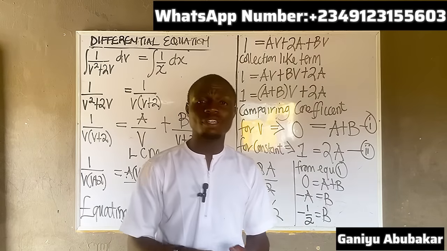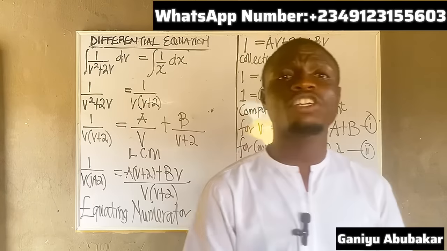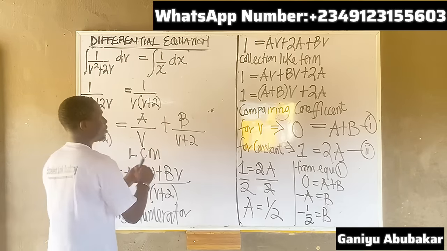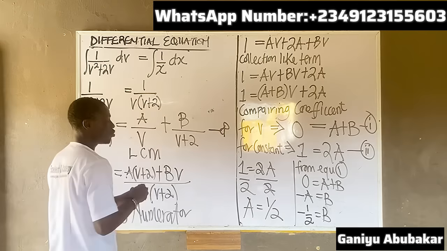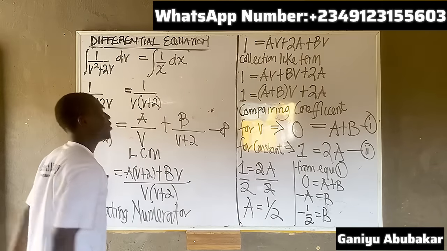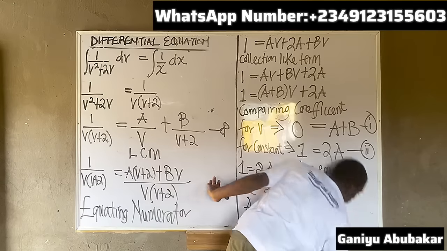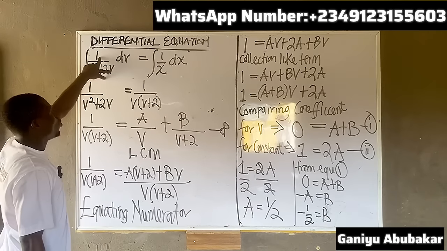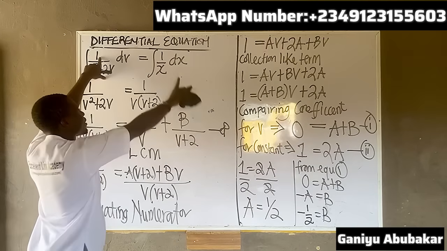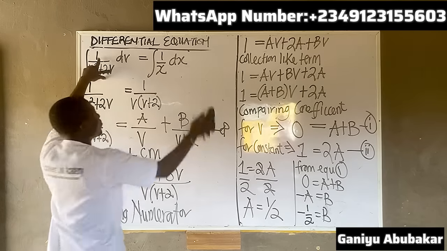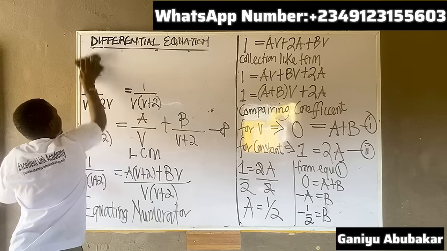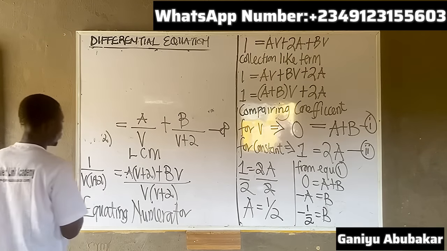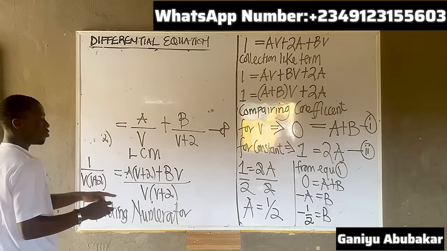I'll put A and B into the partial fraction general form, which is this one here. So let's see what we get. Don't forget that I'm solving just this one, so I'll attach it back to the question, please. So I'll put A and B back.